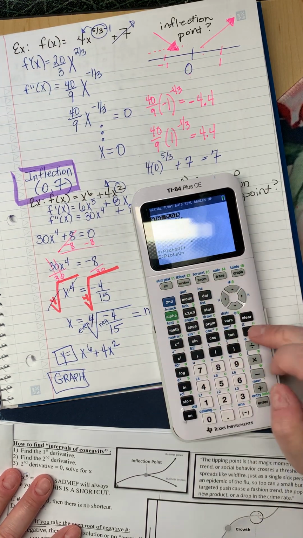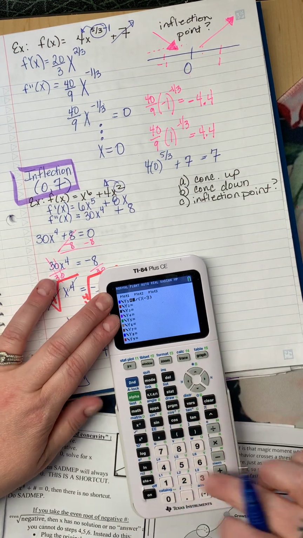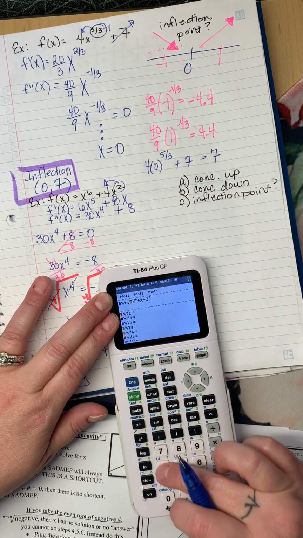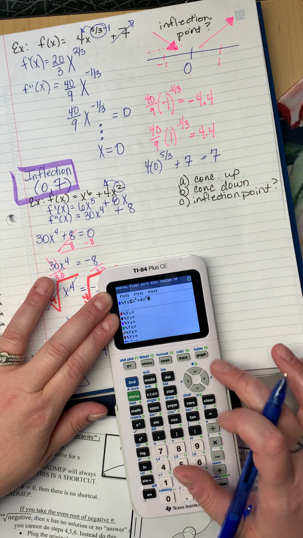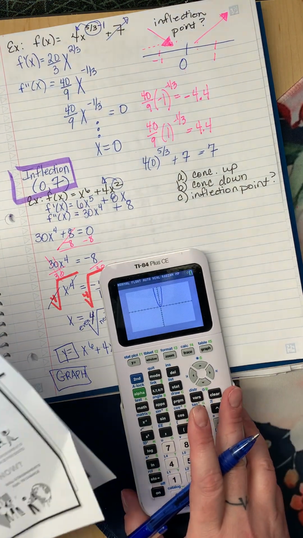I'm going to go to y equals and type in the original x to the 6 plus 4x squared. Then go to graph.